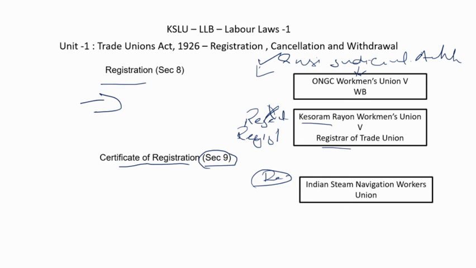This was held in the case of Indian Steam Navigation Workers Union. So the point to remember here is that if documents are as per the Trade Union Act 1926, then the registrar doesn't have any right to reject the application for a trade union.